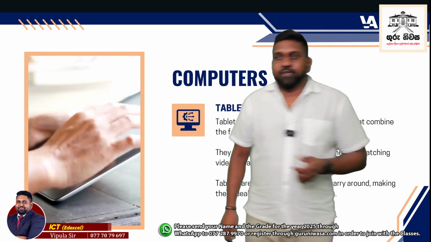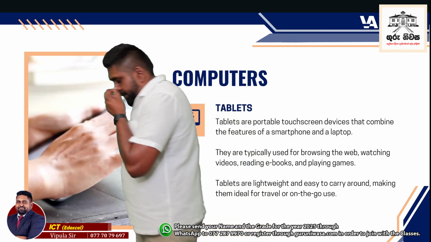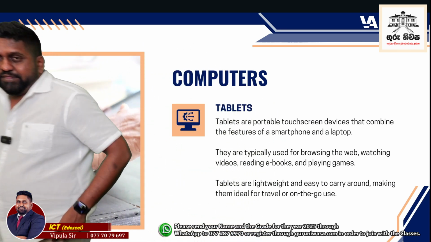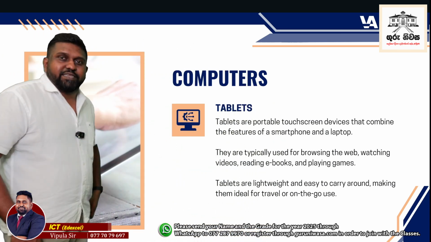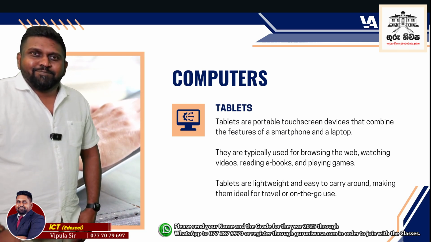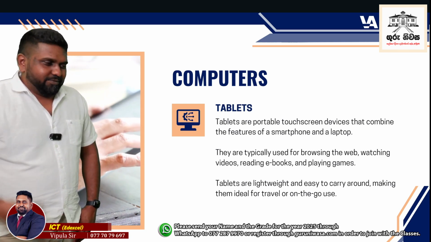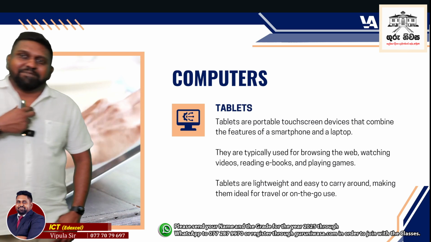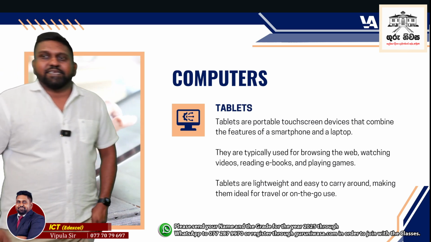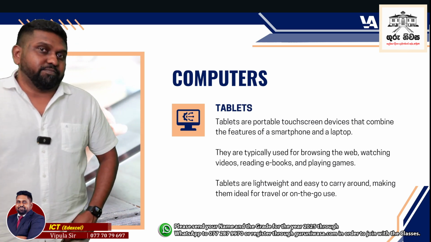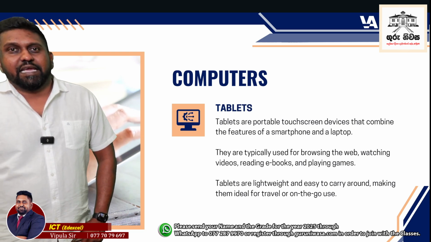So that's the idea behind the desktop. And so that's desktops. Now we talk about tablets. So tablets, everybody knows what a tablet is, right? Yeah, so everyone knows what a tablet is. The tablet is a portable touchscreen device that combines the features of a smartphone and a laptop.